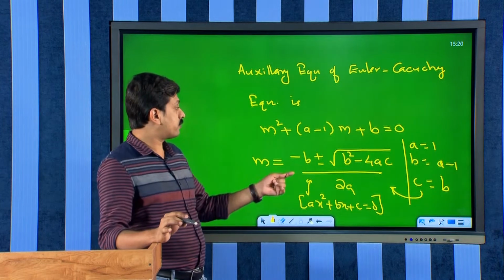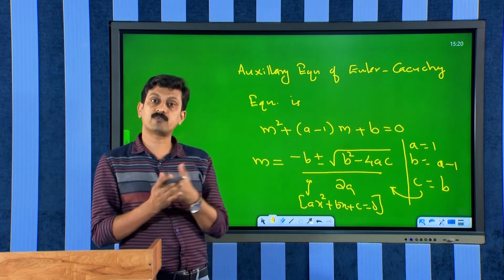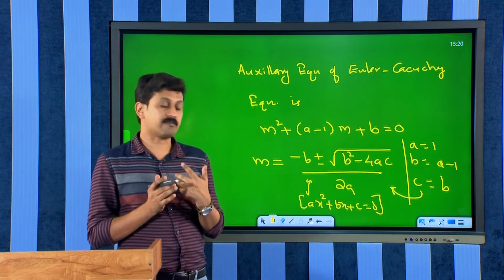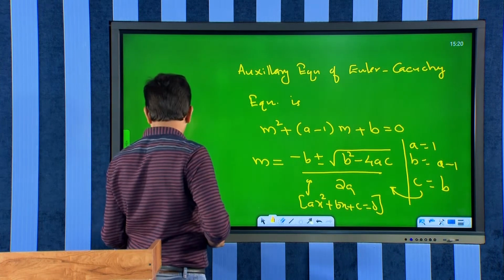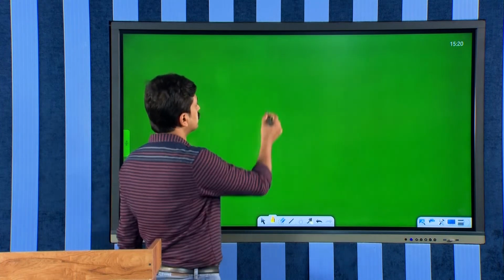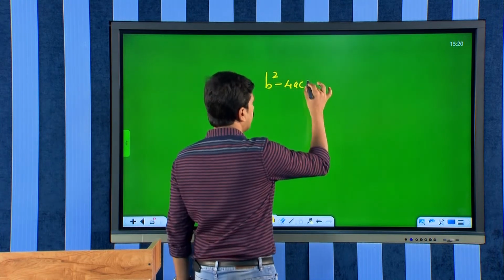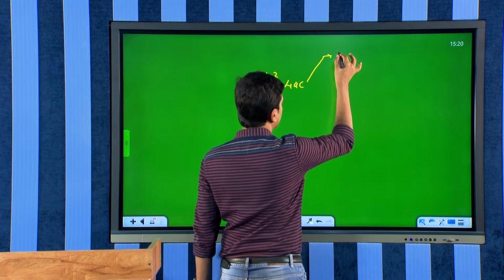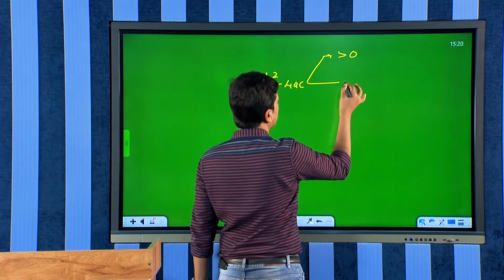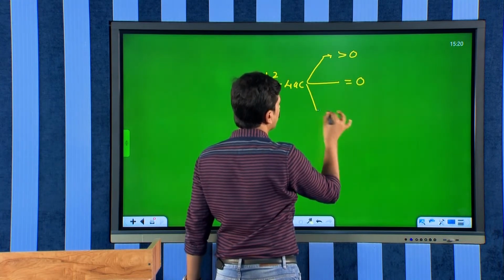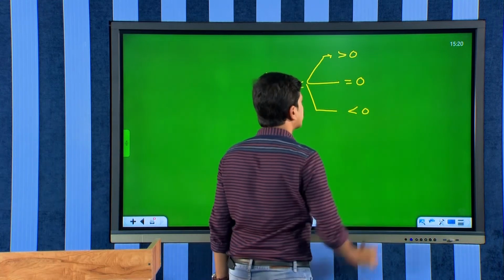As we discussed before, the discriminant b square minus 4ac has three choices. It may be greater than 0, equal to 0, or less than 0.